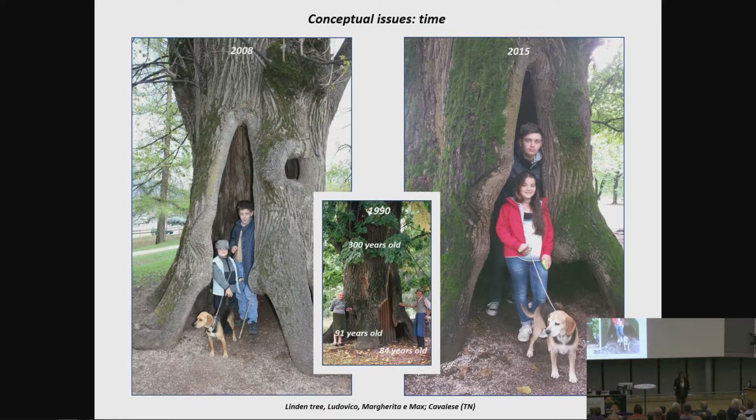So probably the people in the first picture maybe passed away already. But if you look, the tree is exactly the same. So we can spend all our life observing a tree, an individual tree, trying to get some changes, and it does not change. So how can we study the changing in time of a tree? So this is the first problem.